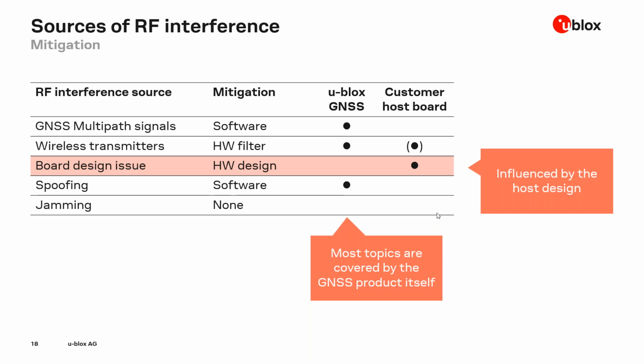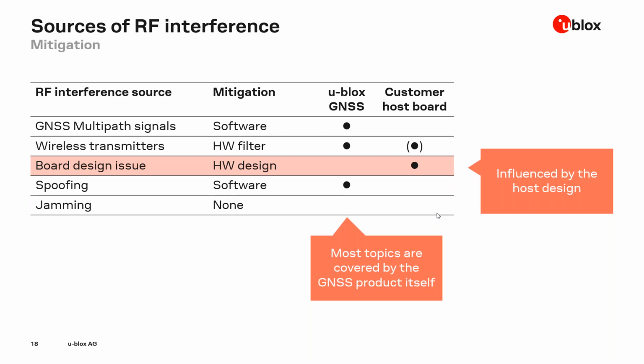For the multipath signals, the mitigation used is software, and the GNSS receiver takes care of it. If we look at the wireless transmitters, usually we have hardware filtering for this. We will look into detail in later slides.